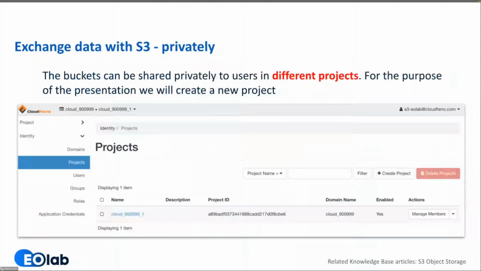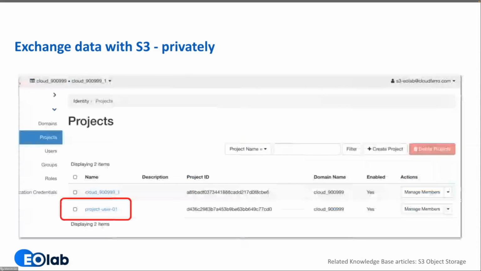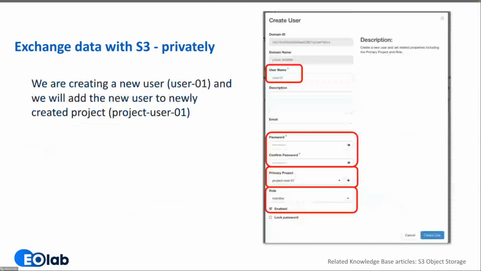And I will create a new project now. The new project will be called Project User 1. And at the same time, I will also create another user that has access to the main project. So I created the new project, and the new user attached to this project will have access to only these buckets that the main user allows.